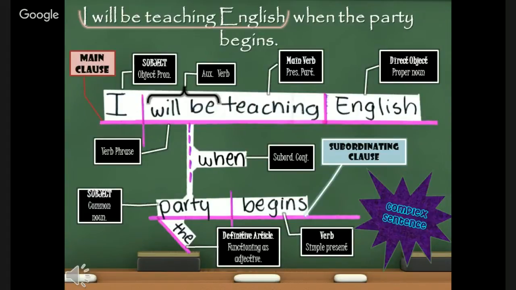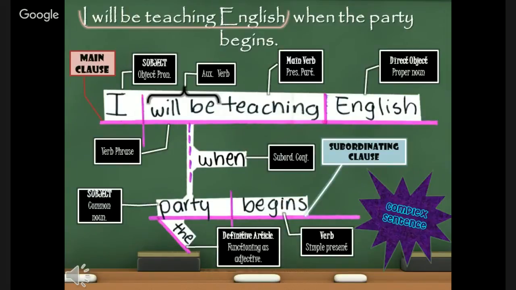Teaching is the main verb and it is in present participle. Will be teaching is the verb phrase. English is the direct object and it is a proper noun because it is using a capital letter. And it is a direct object because it answers the question, what will you be teaching?